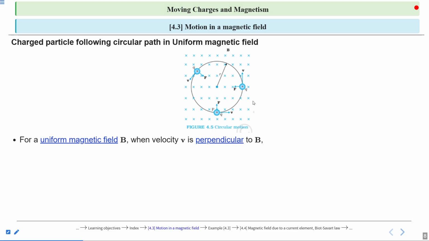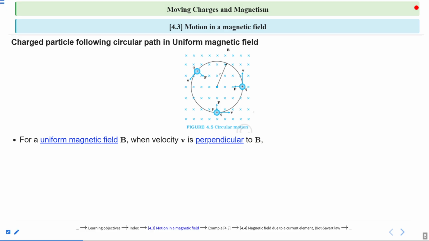The velocity is in the plane of paper. That means the angle between magnetic field B and velocity V is always 90 degrees in this condition.